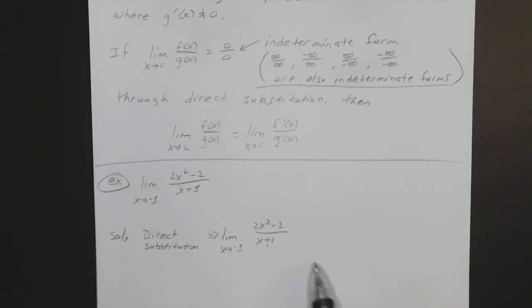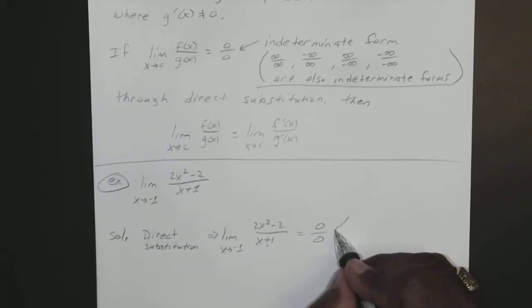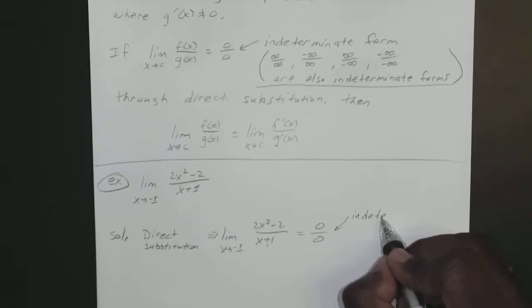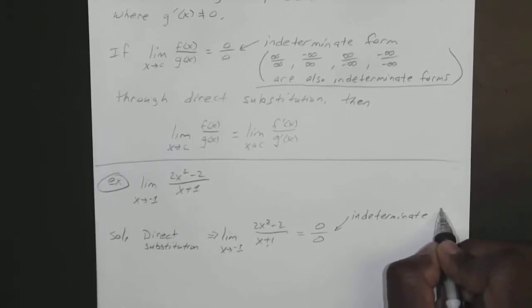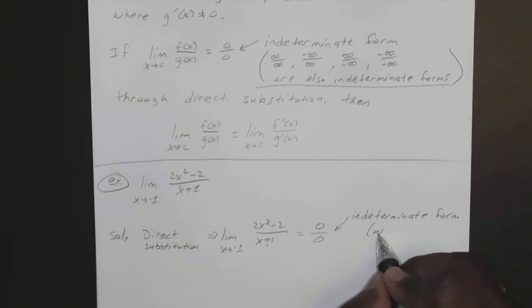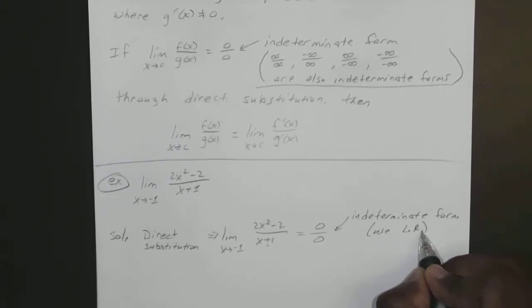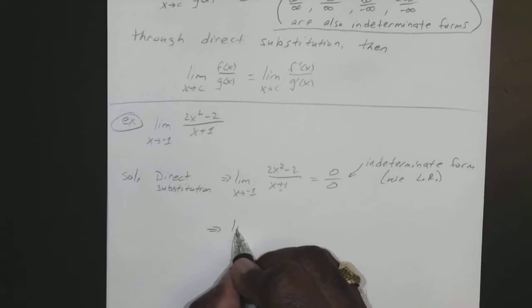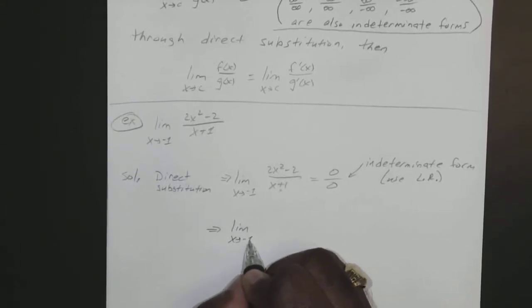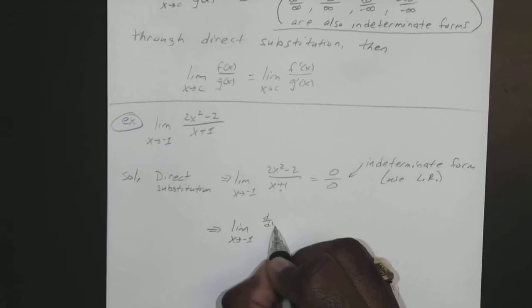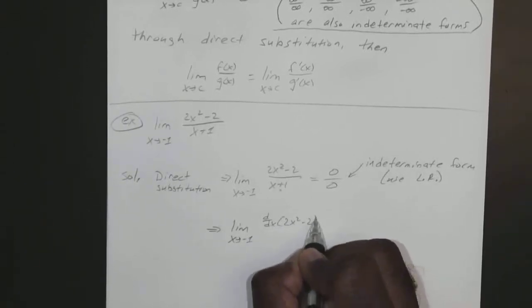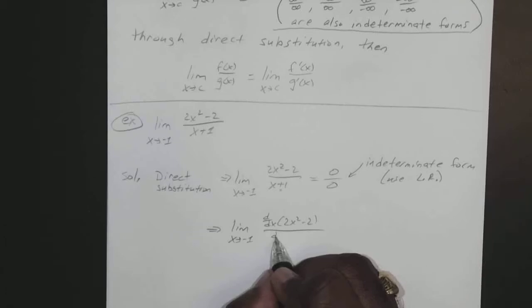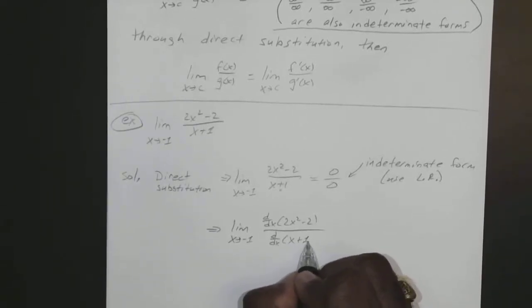If you plug in negative 1 in your denominator, you get 0. Plug in negative 1 here, you get 2 minus 2, which is 0. So we have our indeterminate form, which means we can use L'Hopital's rule. So we just have the limit as x approaches negative 1 of the derivative of 2x squared minus 2 over the derivative of x plus 1.